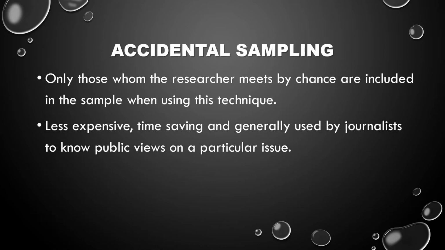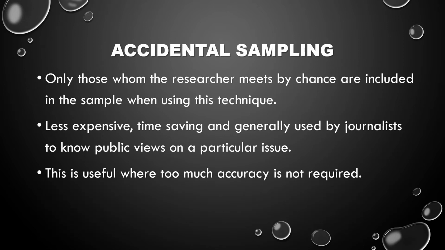This is less expensive, time-saving, and generally used by journalists to know public views on a particular issue. So more likely, those reporters out there in the field are normally the ones who use accidental sampling because they are getting the respondents or their sample on the spot. So whoever is within their reach, those are their sample.